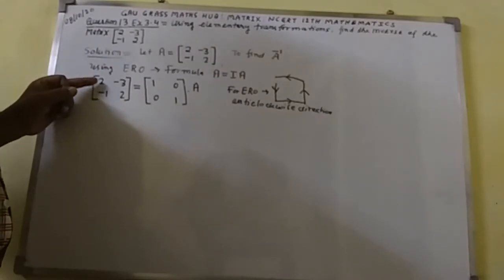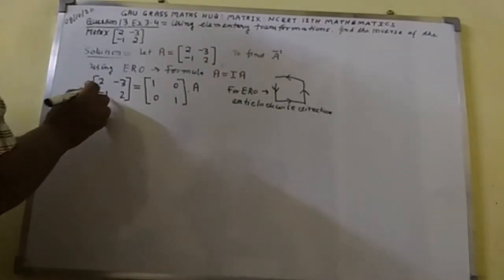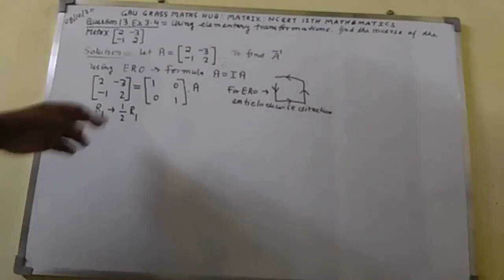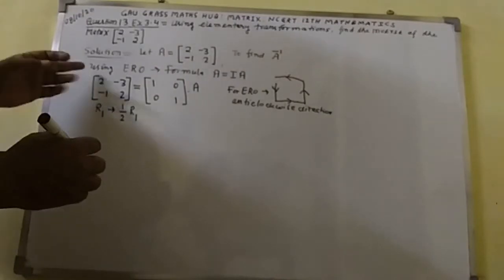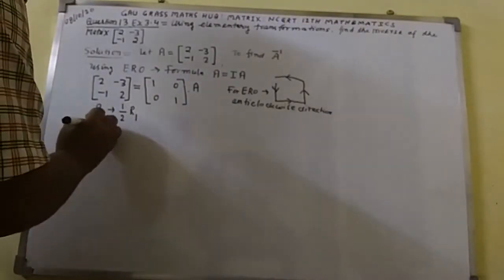So in order to make these two as 1, I shall apply the row property. This 2 is there in first row. So here I shall write row property R1 goes to 1 over 2 R1. This property I shall apply, and on applying this property, let us see.